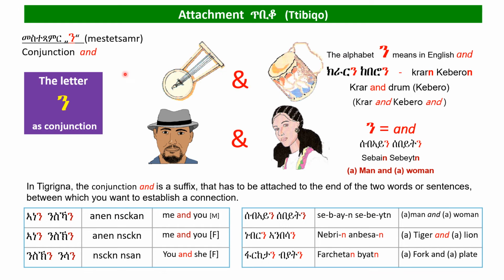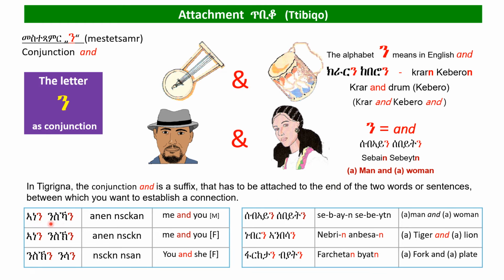For example, Kirarn Kebero, Kirarn Kebero, Kirar and Kebero. In Tigrinya, the conjunction end is a suffix that has to be attached to end of the two words or sentences between which you want to establish a connection.